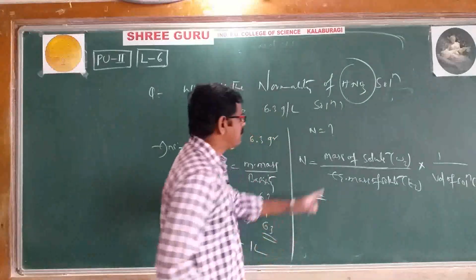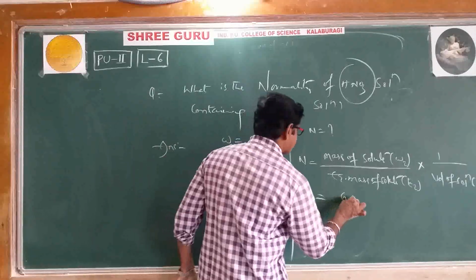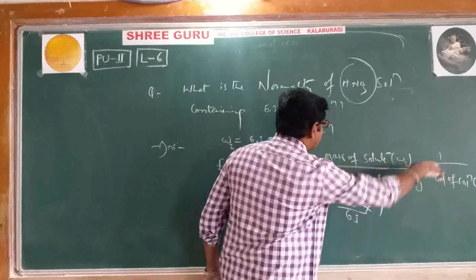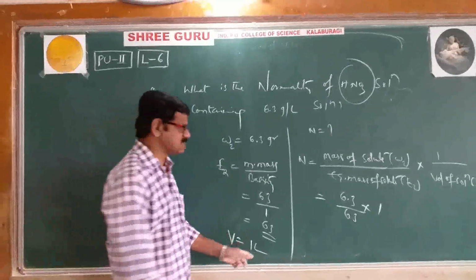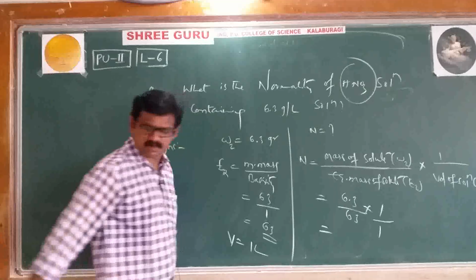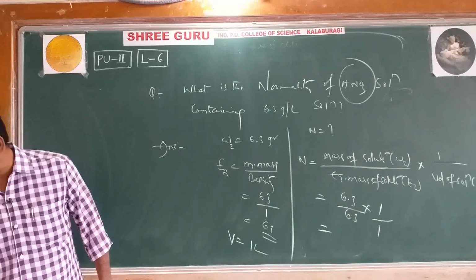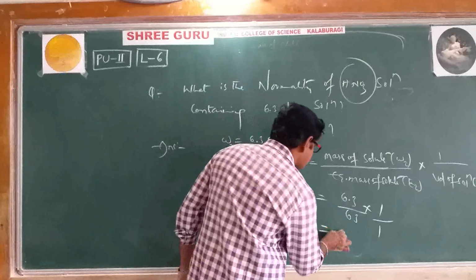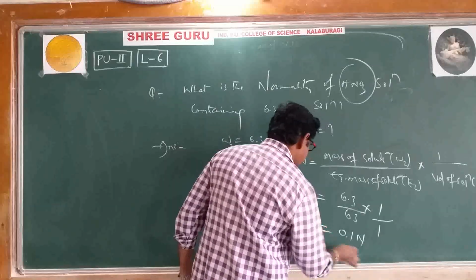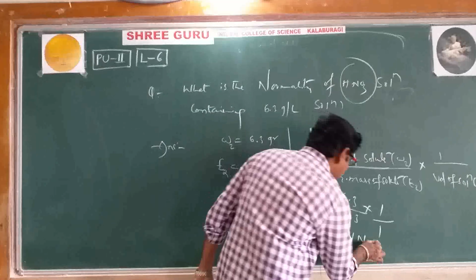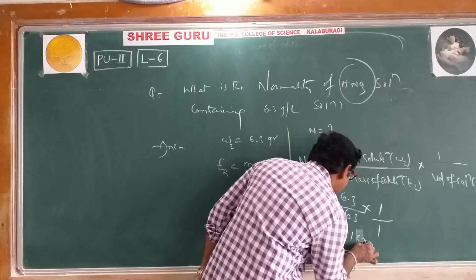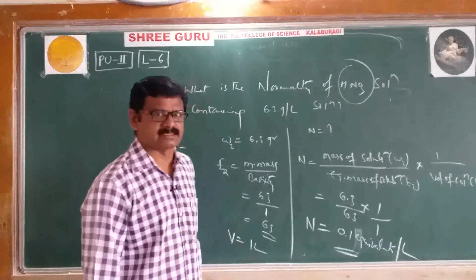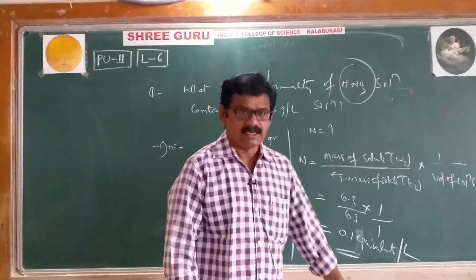Mass of solute W2 6.3 divided by equivalent mass of solute 63, into 1 by volume of solution, which is also 1 only. 6.3 divided by 63, you will get 0.1 normal. We can write normal, or we can write equivalents per liter also.